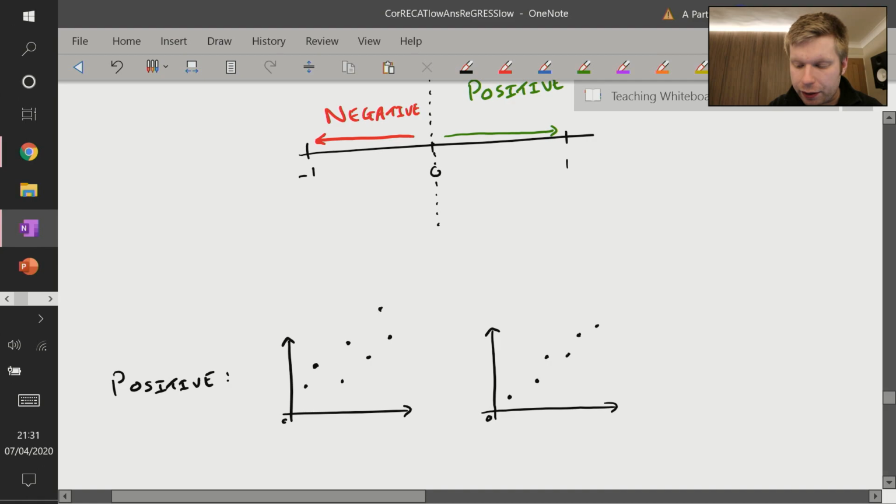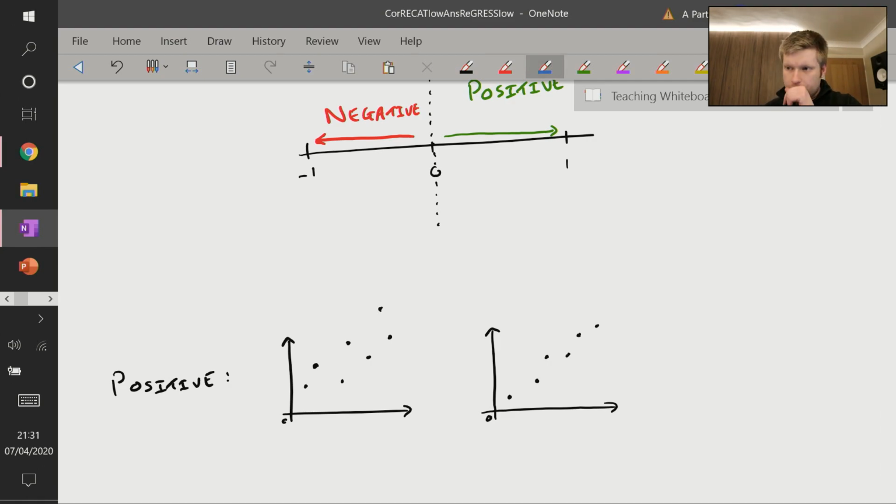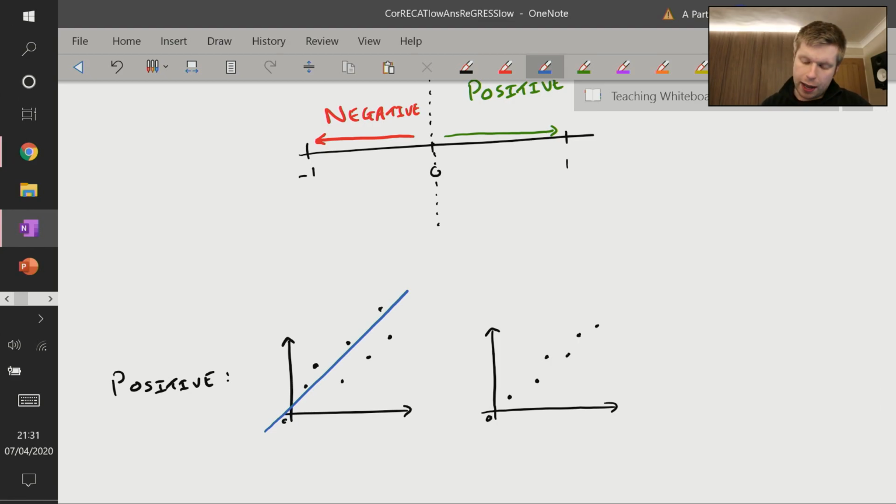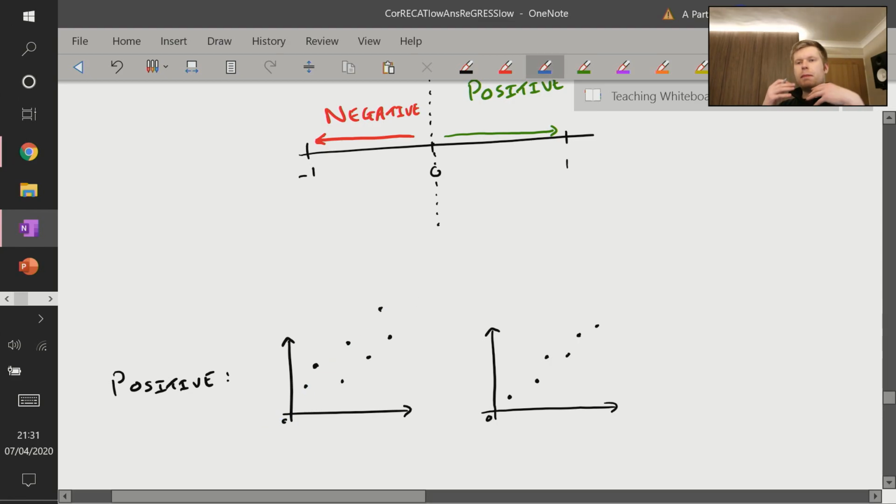Another way you can think about this, tying it back to regression analysis, is that if we are going to draw a line of best fit or a regression line through these data points, we expect the gradient to be positive. So that's another way of interpreting positive correlation, just to tie things together.